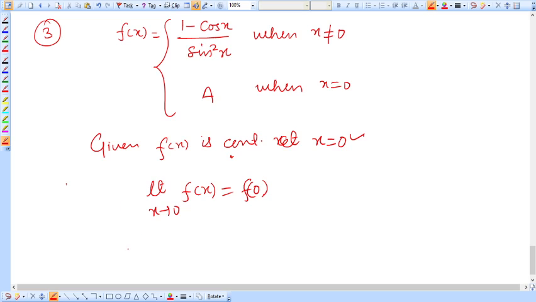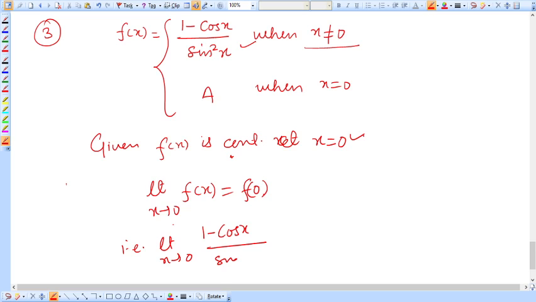Right? So that is limit of x tending to 0, f of x is equal to how much? 1 minus cos x divided by sin square x. देखो लिमिट अप्रोच कर रही है 0 के आसपास, it is not exactly equal to 0, so therefore this definition would be followed because x is not equal to 0 here, because x is somewhere around 0, right?